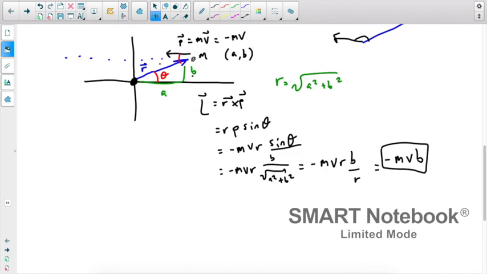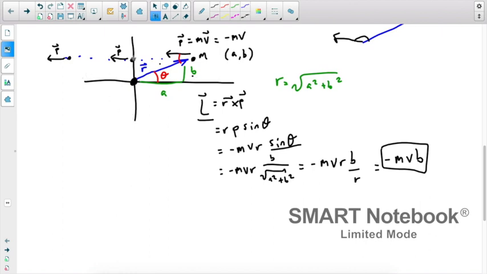So when my particle gets here and is zooming with a momentum of p, or when it gets here and it's zooming with a momentum of p, whatever I calculate its angular momentum as, I should always get this result. And you can see there that this result tells me that the angular momentum just ends up depending on how high above this axis it is. And we're going to get that same result.